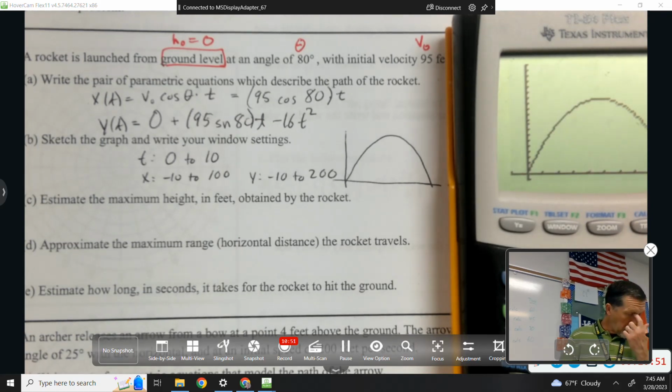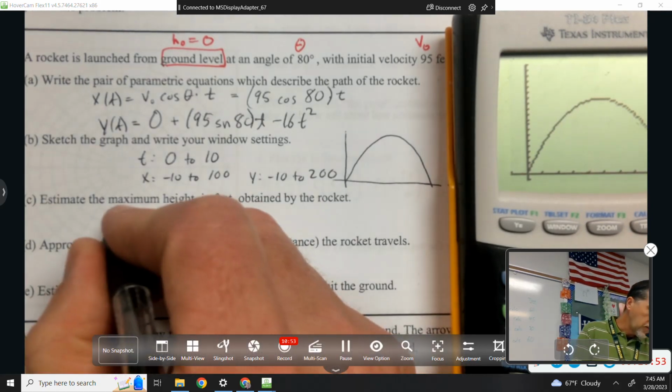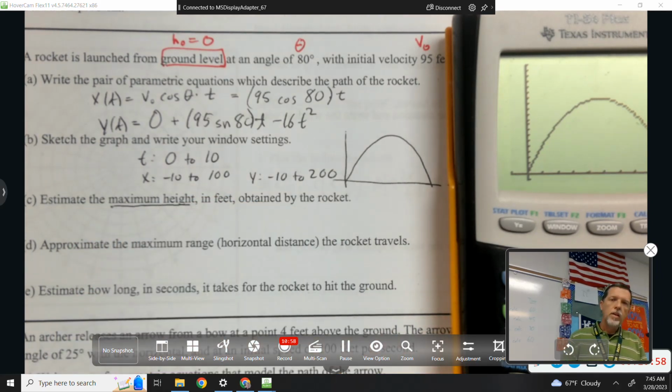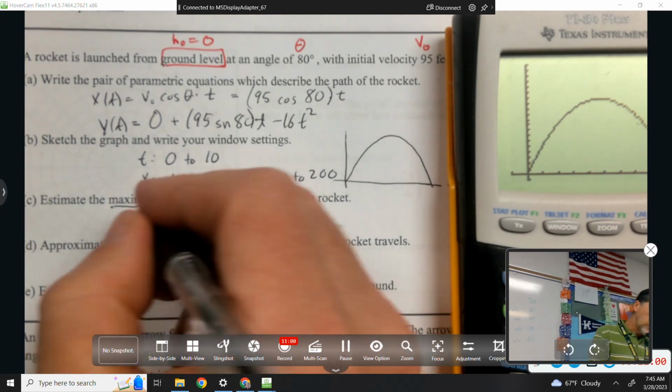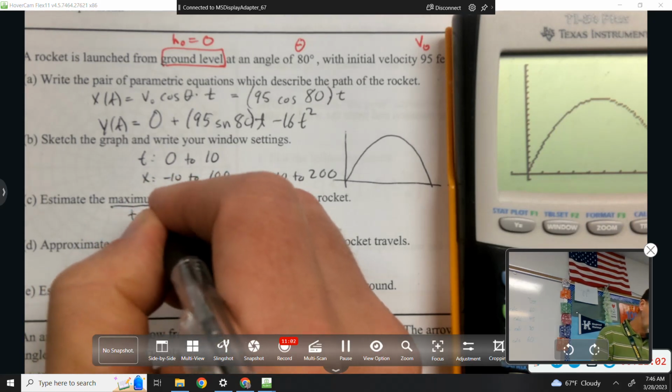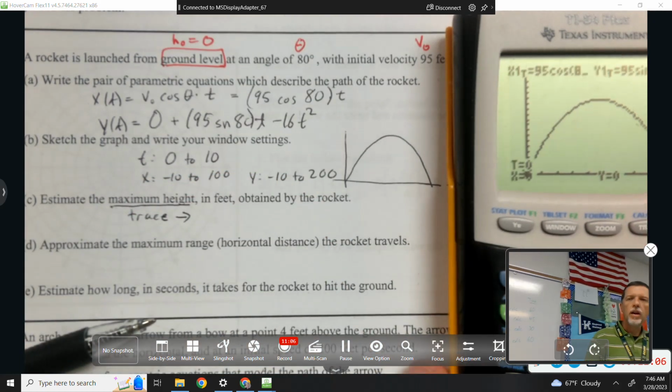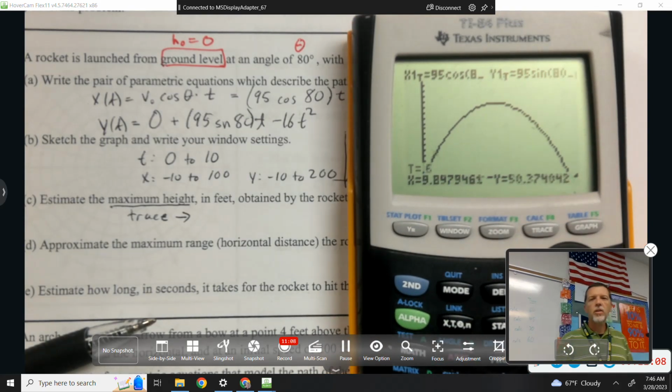Estimate the maximum height in feet obtained by the rocket. Okay, so let's go to trace. And then you can kind of trace out the path. By the way, you can see that your time is changing by 0.1 every time you go over, because that's what you decided the t step should be.